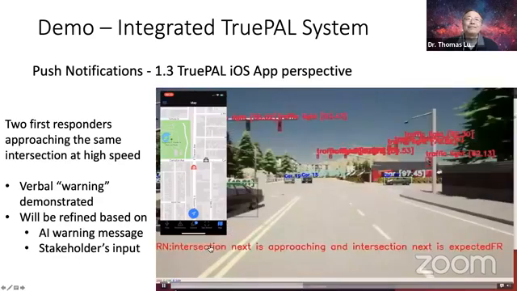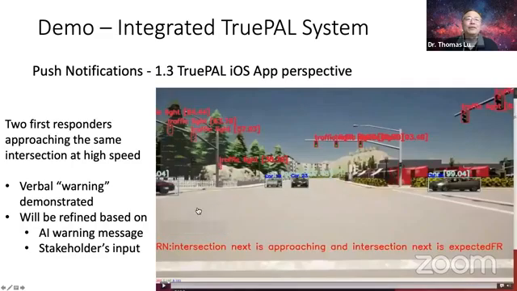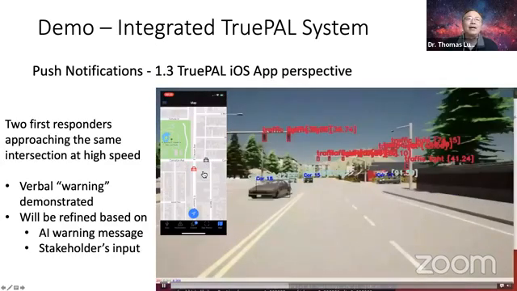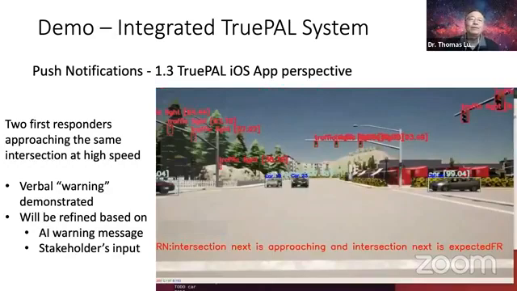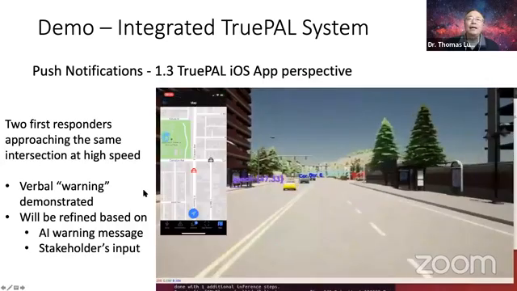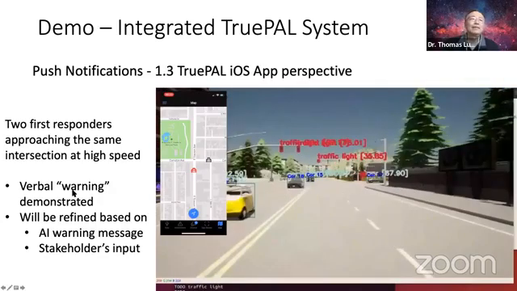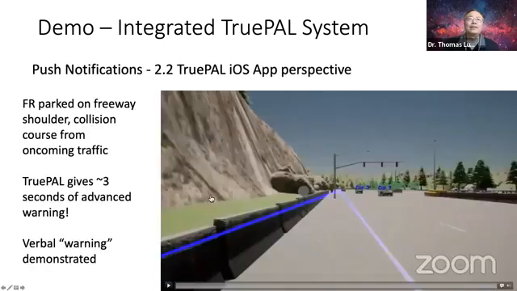It shows the two first responder vehicles crossing each other, and this one stopped and then let the other pass. It also gives a verbal warning to the first responder. This is another warning, and this is the roadside situation.